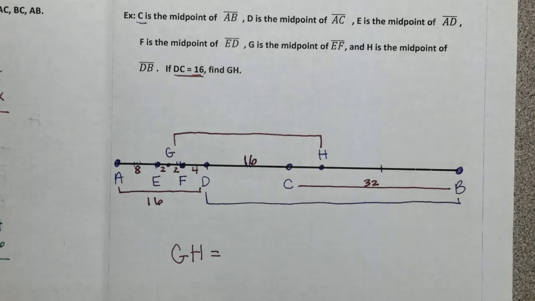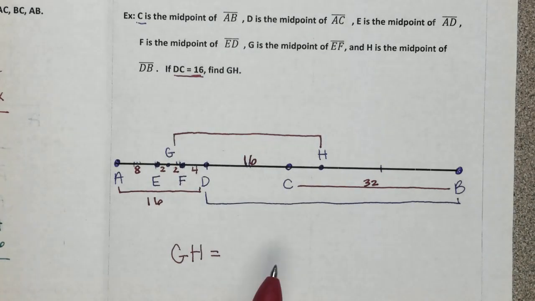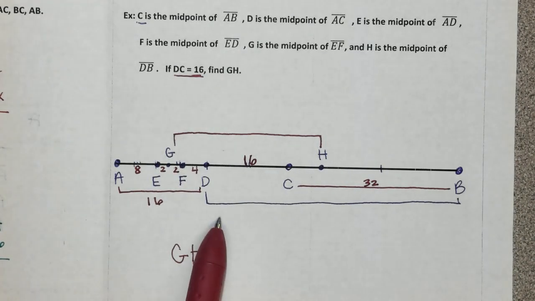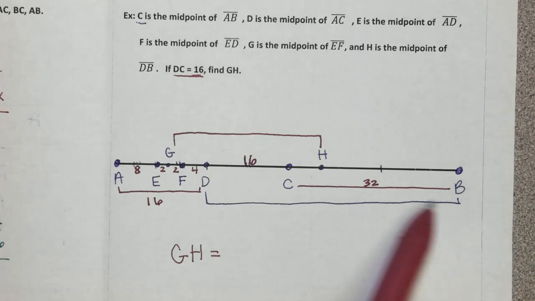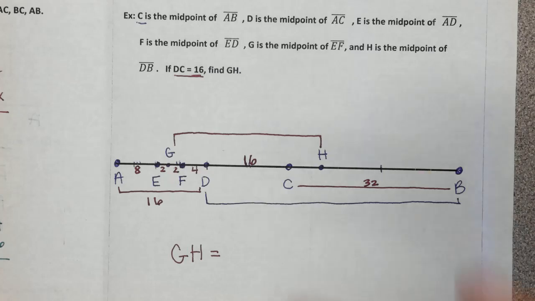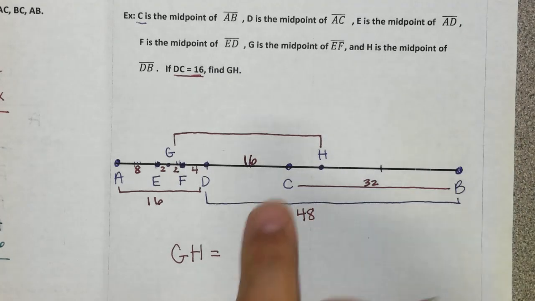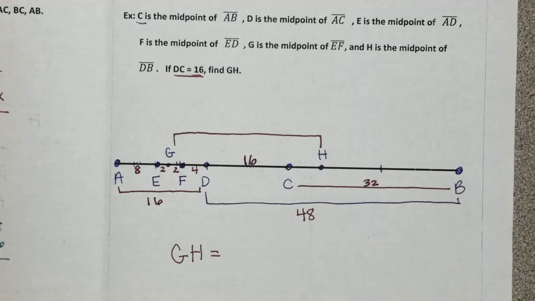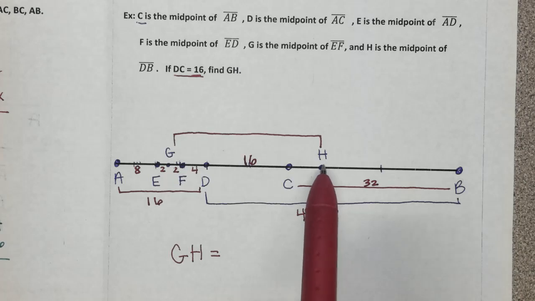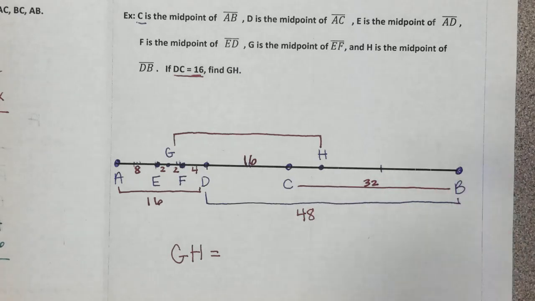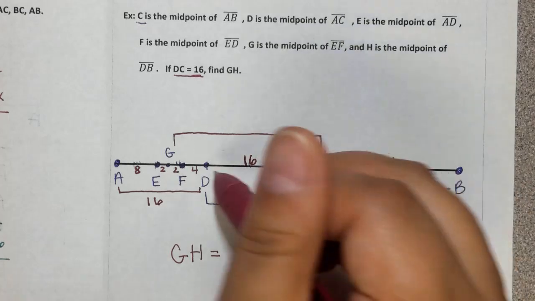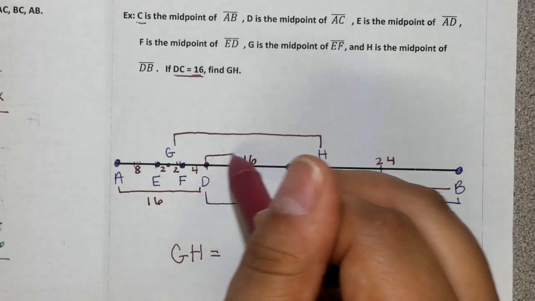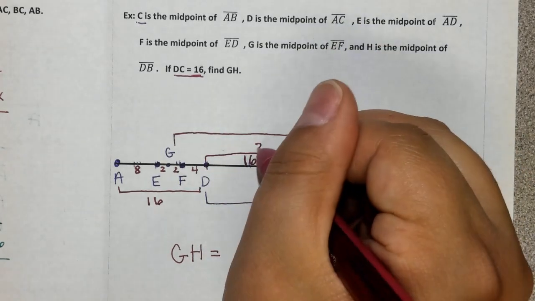Yeah. Oh, what'd you say? What is D to B? 48. How did we get 48? Because the 16 and the 32. And if that's 48, what is H to be? 24. And then what would be D to H? 24. Do you agree with that?